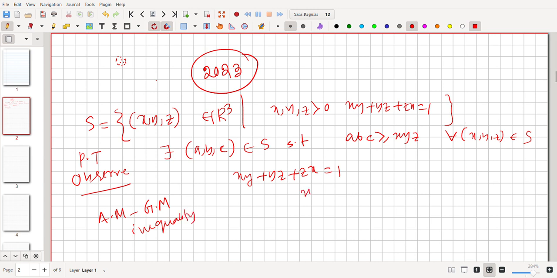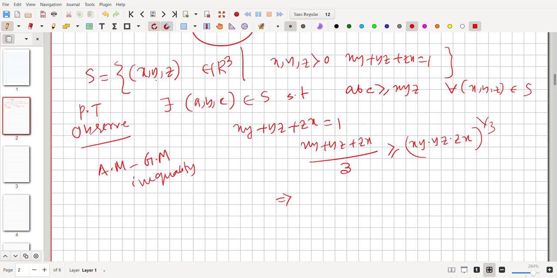What will you have? (xy + yz + zx)/3 is greater than or equal to the cube root of xy times yz times zx, or 1/3 is greater than or equal to (xyz)^(2/3), which is the same as 1/(3 root 3) greater than or equal to xyz.